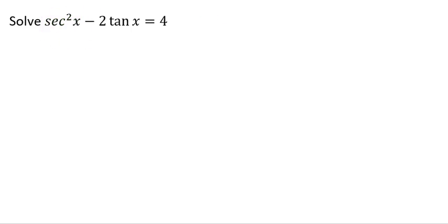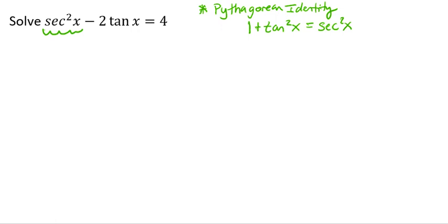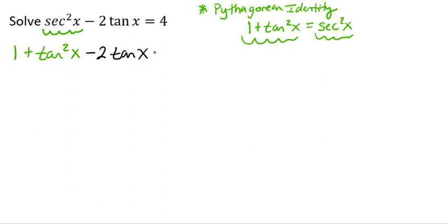convert this. The Pythagorean identity tells us that 1 plus the tangent squared of x equals our secant squared of x. So we're going to be replacing our secant squared of x with 1 plus the tangent squared of x. So we have 1 plus the tangent squared of x minus 2 times the tangent of x equals 4.